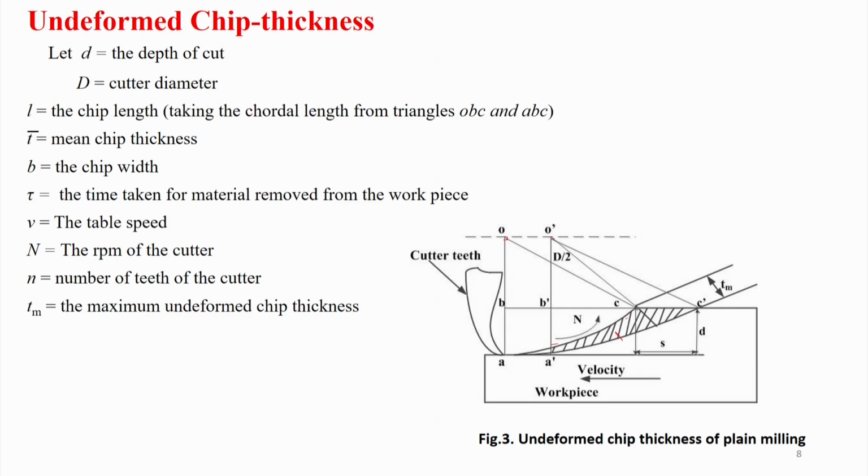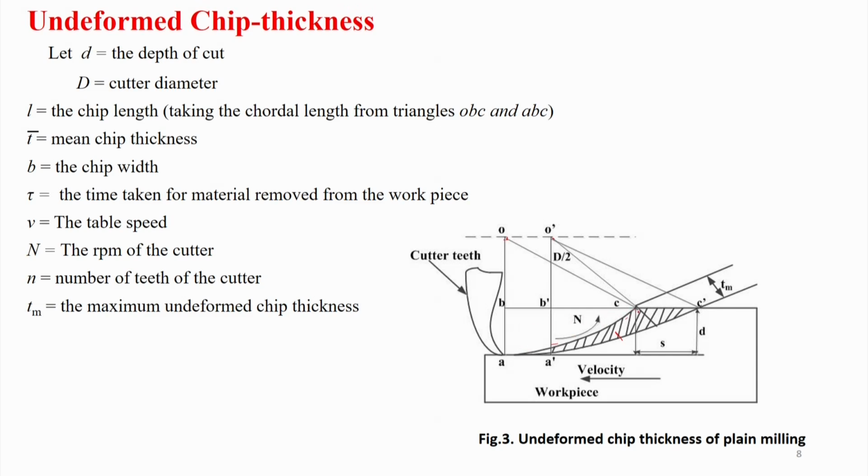That means we take the chordal length from triangles OBC and ABC. So, OBC is this one, and ABC is this.